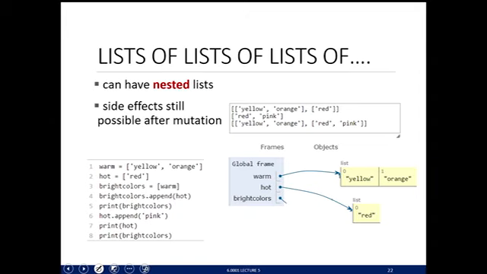So warm points to these 2 colors. Hot is equal to this a list with 1 element. Bright colors is going to be a list, and the element inside the list is a list itself. So since it's a list, so this is your list, and the element inside here, which is a list itself, is actually just pointing to whatever warm is, that object.